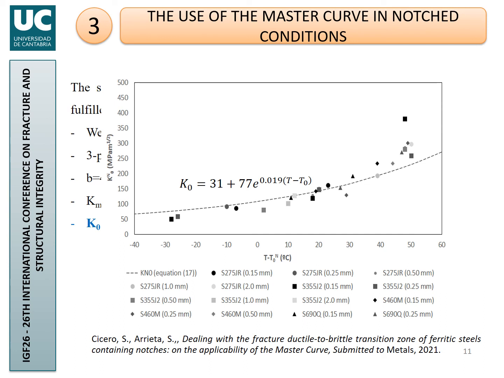Another one, K0. As I mentioned previously, K0 was obtained by fitting a number of experimental results, and this best fitting provided this curve. If we represent our experimental results in notched specimens, we may see that they fit rather reasonably to the fitting curve.